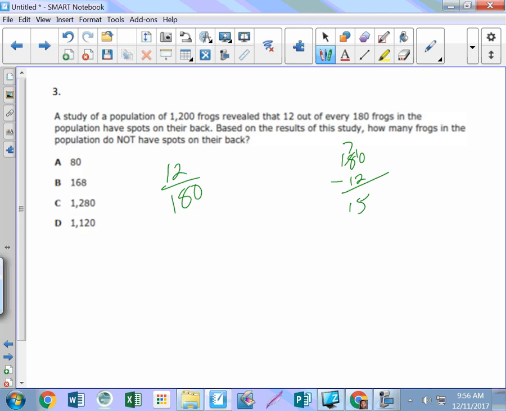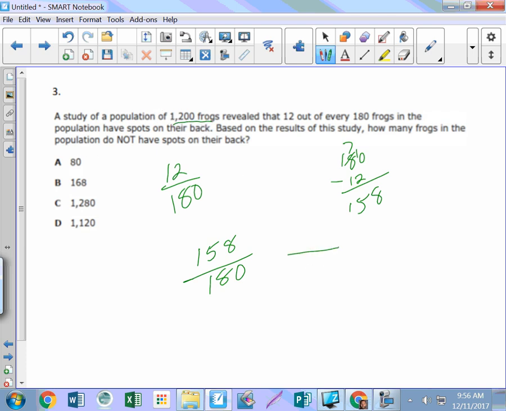That is 158. So 158 out of 180 do not have spots. It wants to know out of the population of 1,200.